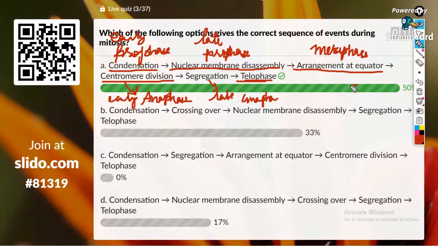Arrangement at the equator means this is a cell, all the chromosomes. What happens? These are astral rays, and you can see that all the chromosomes get arranged at the center. That center plate is called the equatorial plate or the metaphase plate.